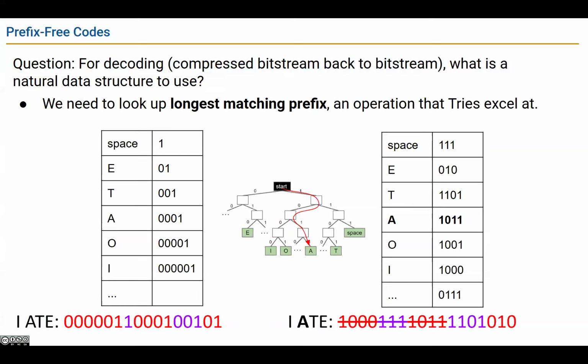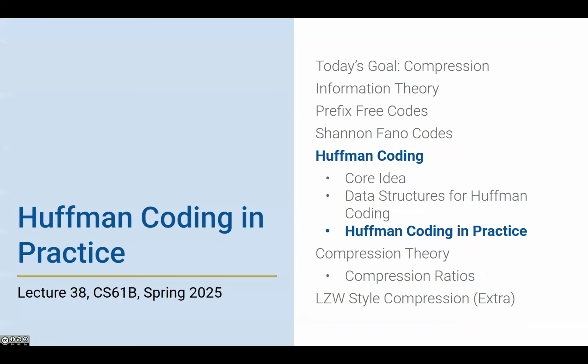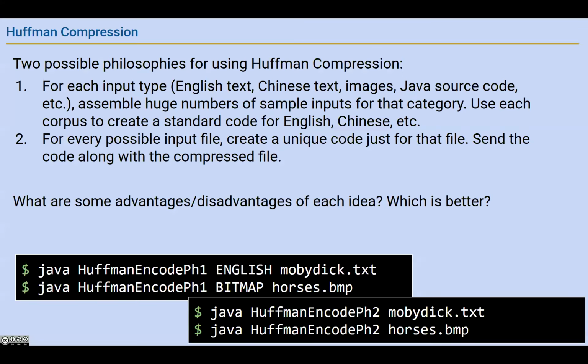Using this, we are able to get a really efficient compression algorithm. So there's a few possible philosophies on how to do this. One approach is you take every possible input type, you take a huge number of samples of every single case, and you create a standard code for every single possible type. So I might take all the English text in existence, generate a single tree for all English text, and use that every time I'm dealing with English.